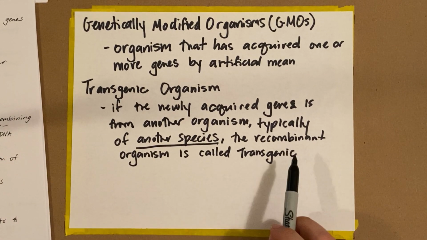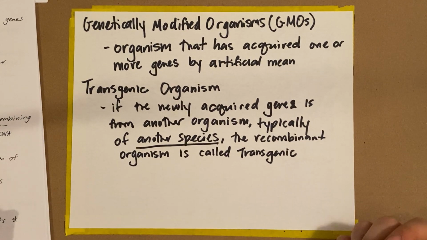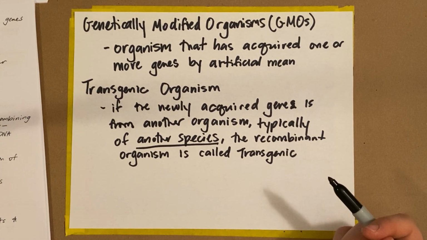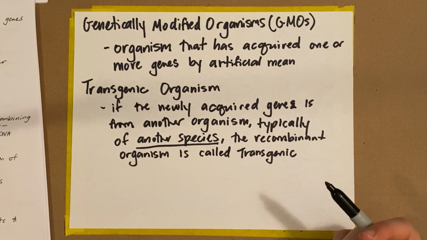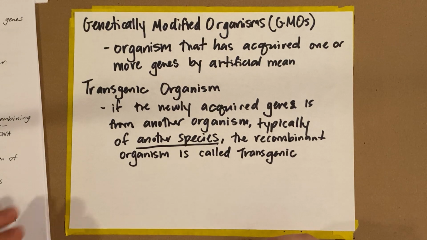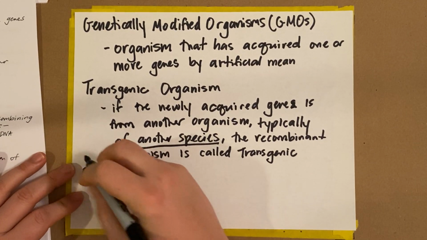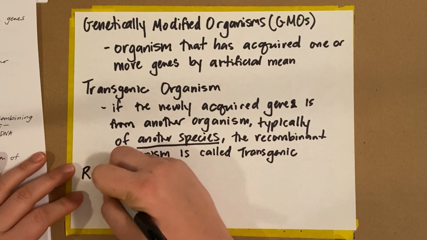Okay, this word recombinant is important. Recombinant is recombining DNA. We've talked about recombinant DNA in crossing over and other mechanisms. So recombinant DNA is when we're putting DNA together from different sources.